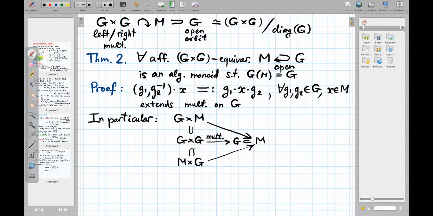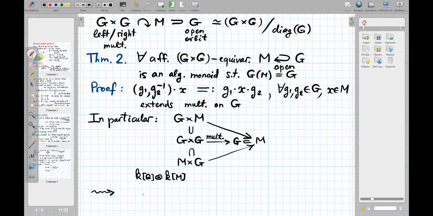Okay, since these are maps of affine algebraic varieties, they induce the respective homomorphisms of coordinate algebras. So we get the following algebra homomorphisms. K of G tensor K of M, this is the coordinate algebra of this variety.